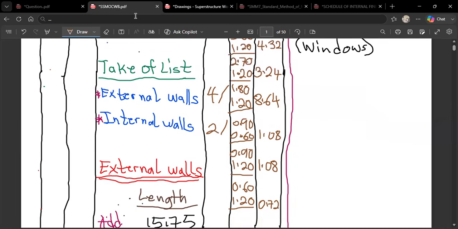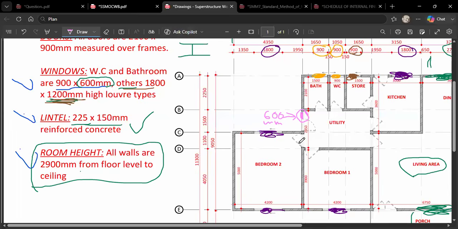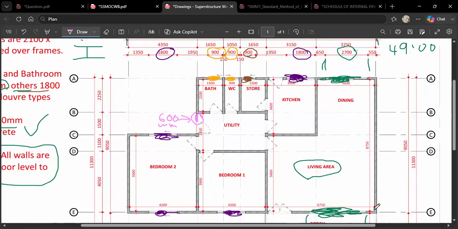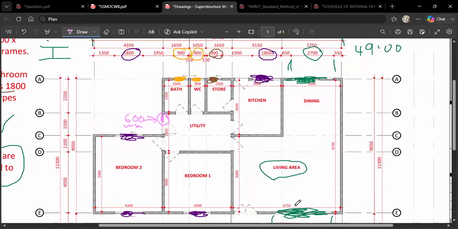So let's go and check if we still have any other window somewhere that we have not taken account of. It's just the external walls. These ones over here are doors. There is a door over here, there is a door over here, there is a door over here. But all the windows we have included in the calculation spreadsheet.